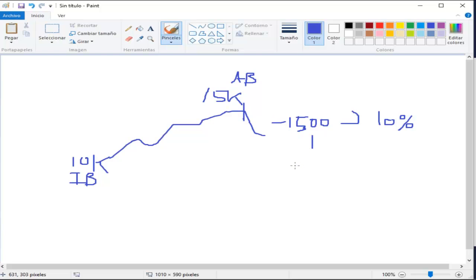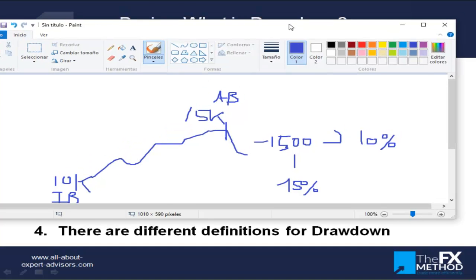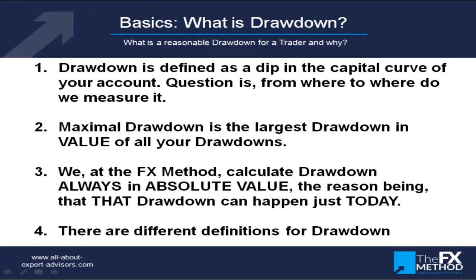You see that? So the first thing about drawdown is, to what do I refer it? Do I refer it with which figure? The actual balance, or the initial balance, or the worst of both? And I would say you should always take the worst of both figures to calculate the percentage of drawdown you have. That's the first thing about defining drawdown.